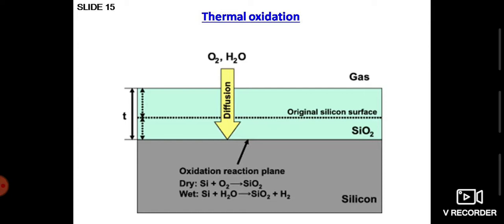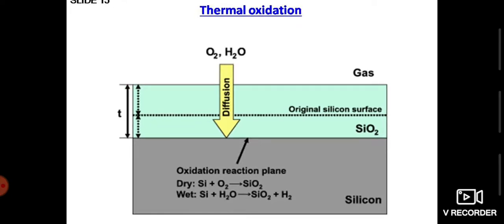You can see oxygen, that is dry oxygen. Keep in mind, as I already told you, that oxidation can be carried out in two different types. The first one, by using oxygen, is called dry oxidation, and the second one, by using water vapor, H2O, is called wet oxidation.